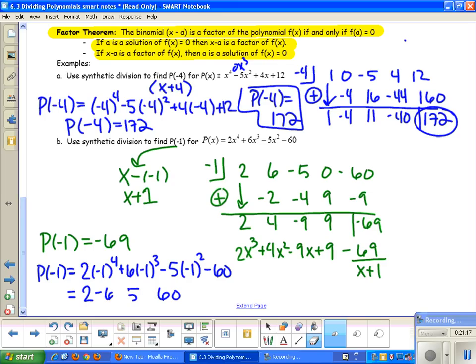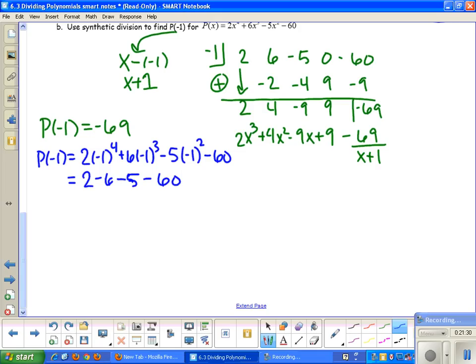Oops. So minus 5 minus 60. So when I do that, I end up with, running out of room, negative 69, which checks out. So this is my answer.